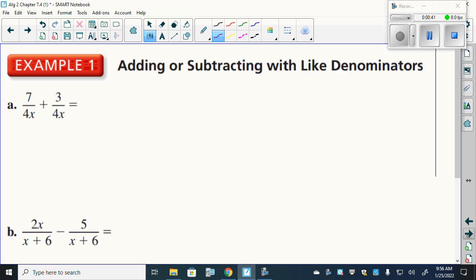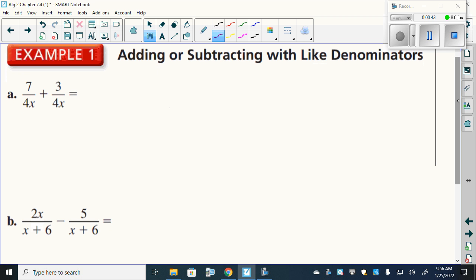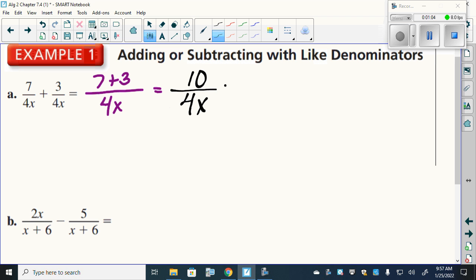So, if we look at the first one here, 7 over 4x plus 3 over 4x would be 7 plus 3 over 4x. And 7 plus 3 would be 10 over 4x.